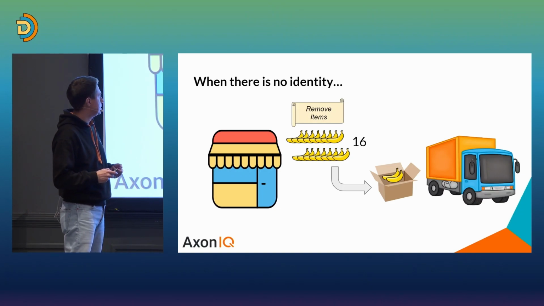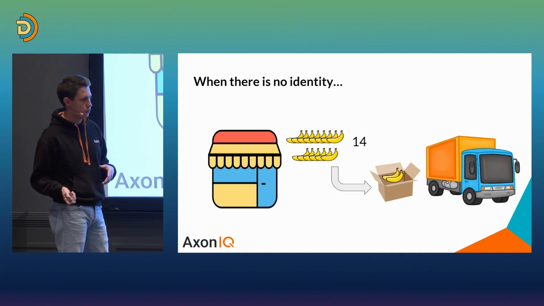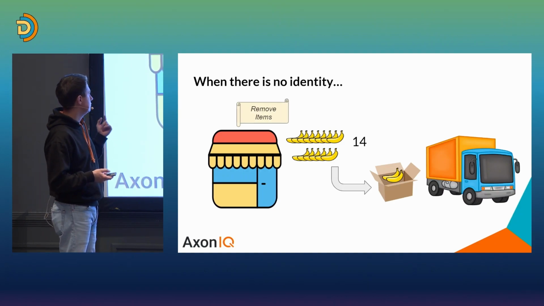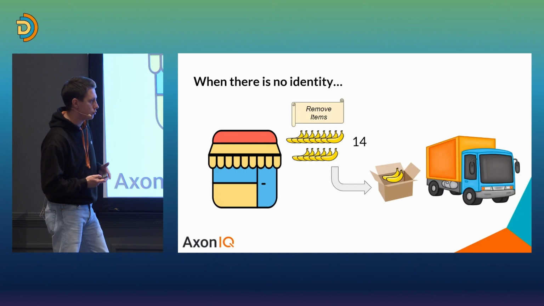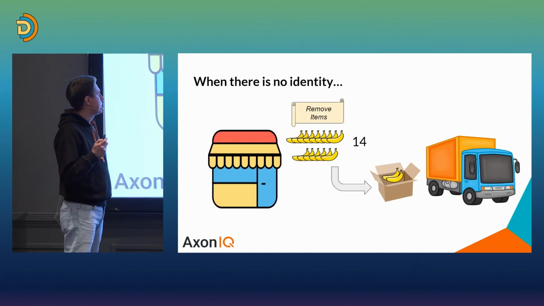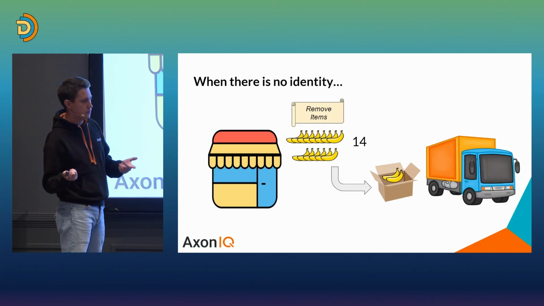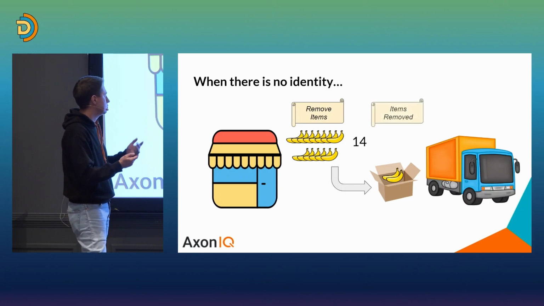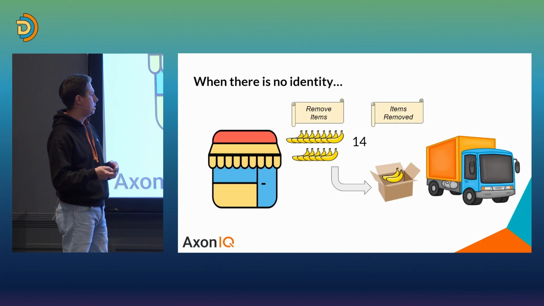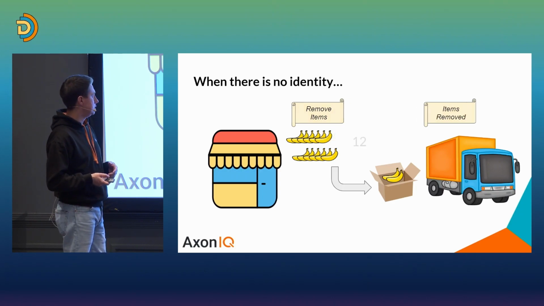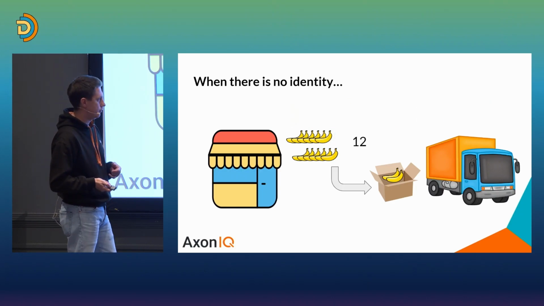We receive the remove items command, we handle it, an event is fired, and we update the state of the aggregate, which is now 14. For some reason, we receive the command again. There is a network glitch or something like that. There is no way that we can use idempotency or any other technique previously mentioned, so we are just going to wrongly handle it again, publish an event, and incorrectly update the state to 12.